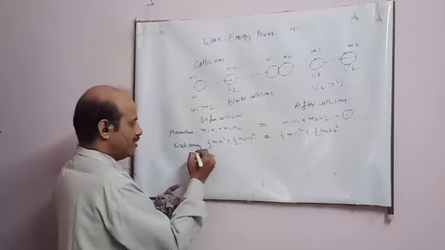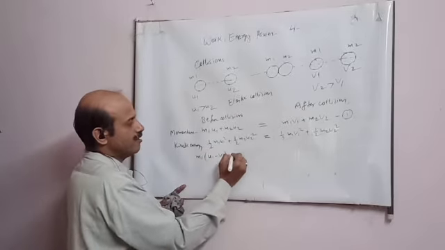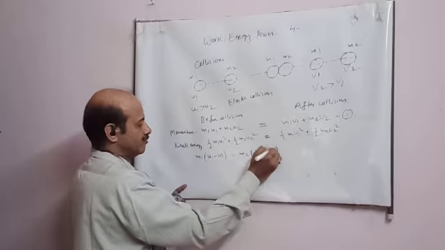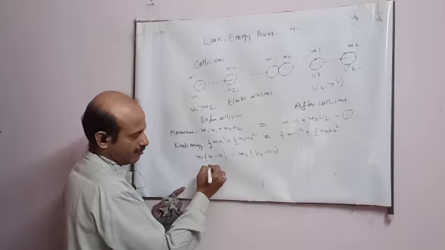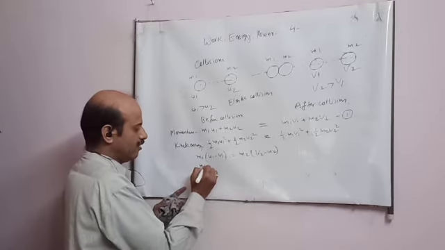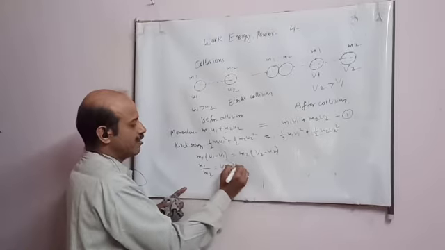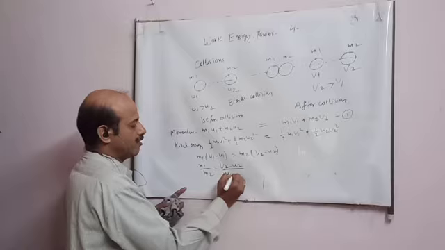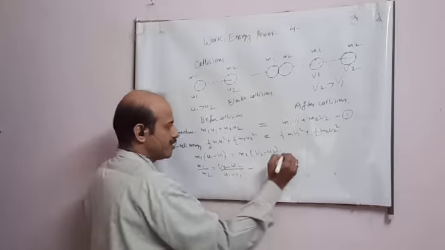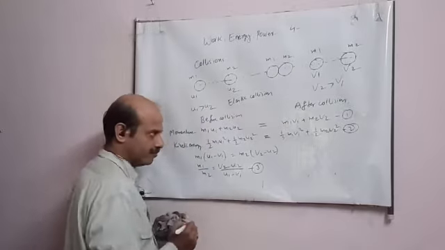From here, I will get one equation: m1 (u1 minus v1) is equal to m2 (v2 minus u2). So m1 upon m2 will be equal to (v2 minus u2) upon (u1 minus v1). This I am naming equation 3.